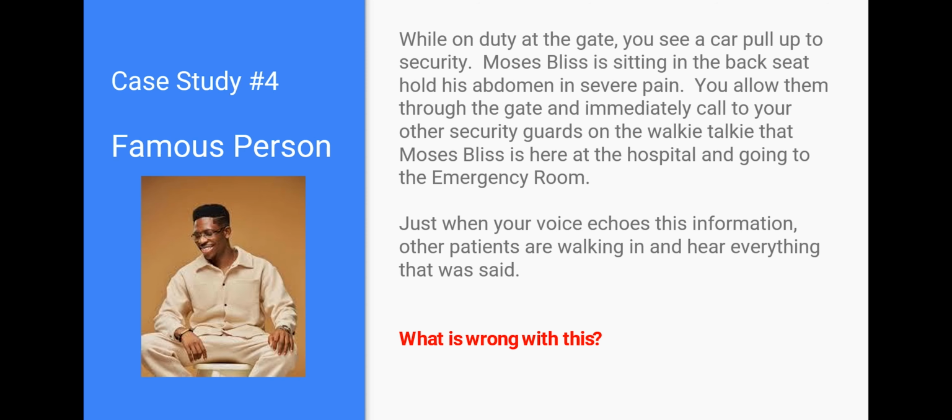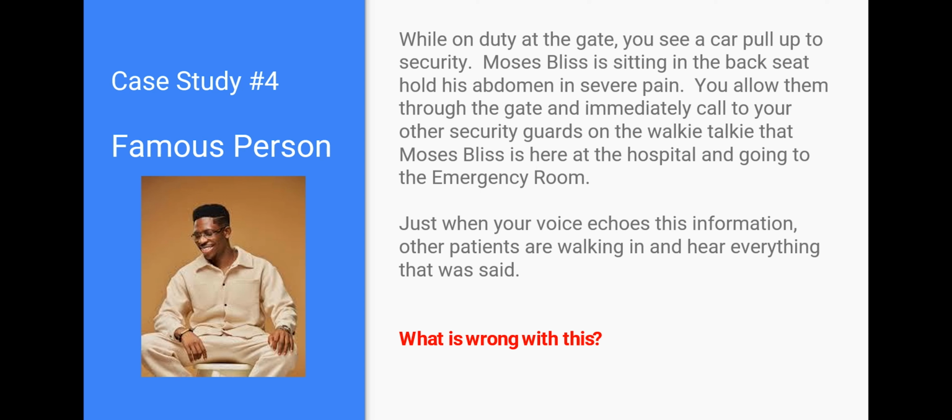Many of you will look at this picture and know exactly who this person is. Moses Bliss. So while on duty at the gate, you're a security guard and you see somebody pull up to security. Moses Bliss is sitting in the back seat, holding his abdomen in severe pain.